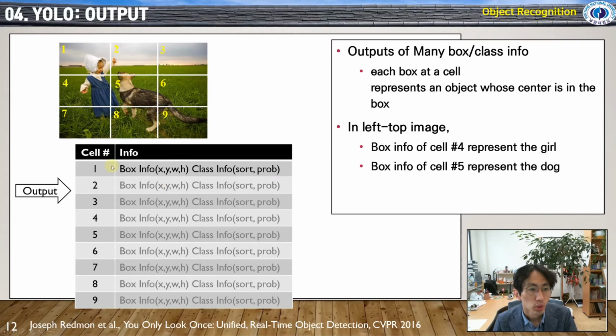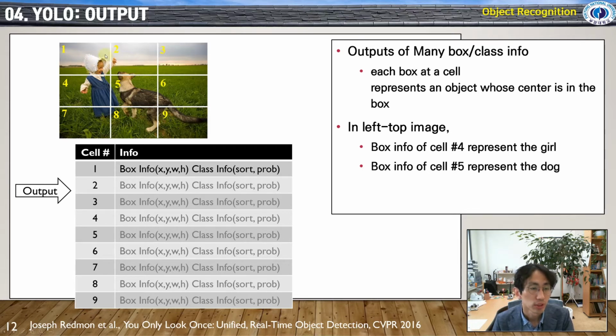And there are lots of cells. For example, you can divide this image into 9 cells, or into 16 cells or 6 cells, it is up to you. Here, for example, we divide this image into 9. Then each cell represents an object whose center is in that cell.